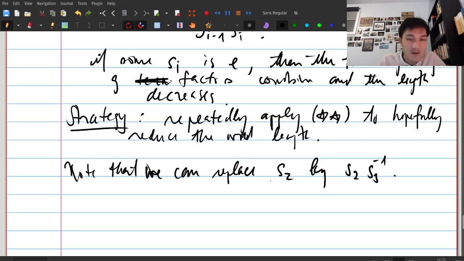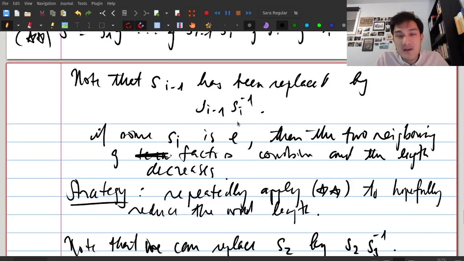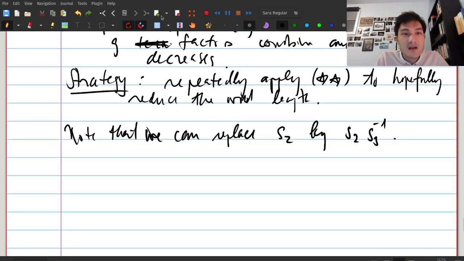I guess, what am I trying to say? We can replace S2 by, I'm getting a little messy here. Si minus 1 has been replaced by this. We can replace Si minus 2, I'm sorry, I kind of mess up the notes here.